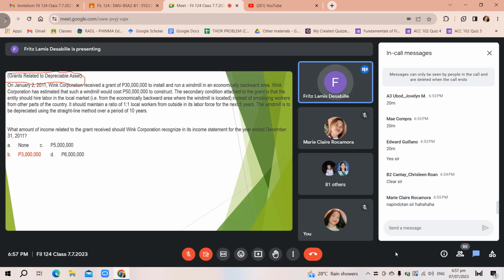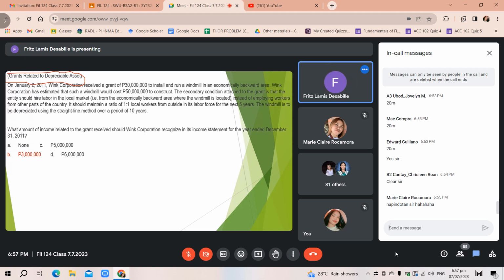So other than running a windmill, they also should hire labor in the local community, and it should have a 1:1 ratio with local versus outside for the next 5 years. So that's the condition given by the government to them. The windmill is to be depreciated using the straight line method for over a period of 10 years.